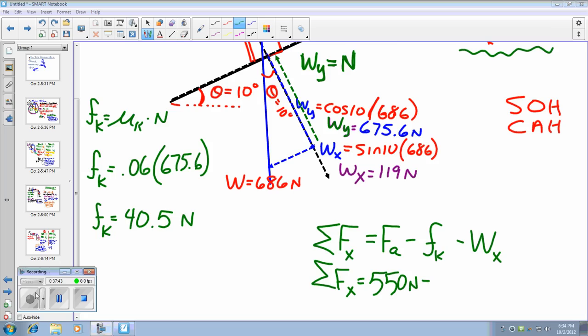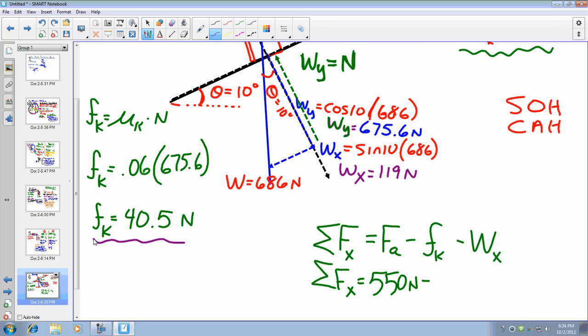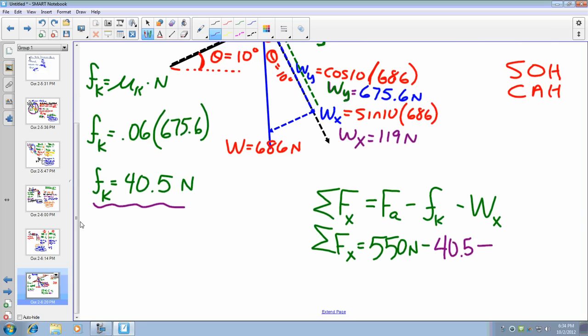Okay, so we can jump back over then and add that value right over here. And let's pick a new color. So we're going to add this value right over here, 40.5 minus, I'm going to scroll up just a slight bit, our weight in the x value. Remember, this is attributed to the angle that we're biking up this hill, and it's slowing us down.